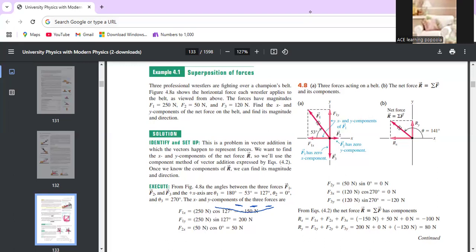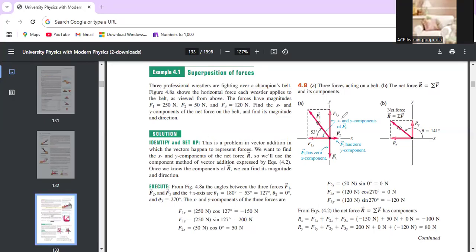These are the directions of the forces: F2, F1, F3, F2, and F1. Okay, so we're to resolve these forces first in the X direction, and then second in the Y direction. So let's look at the solution together.